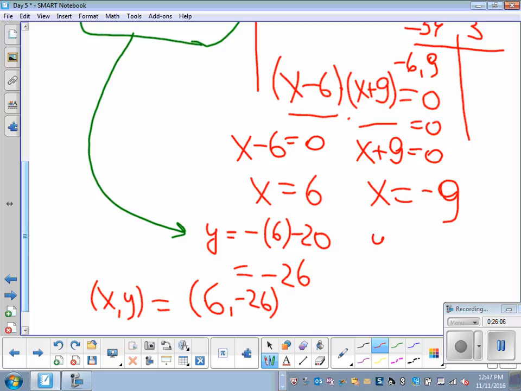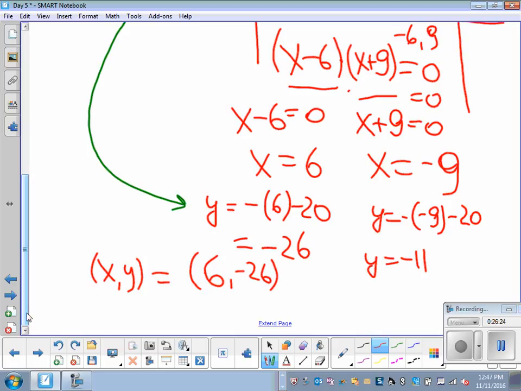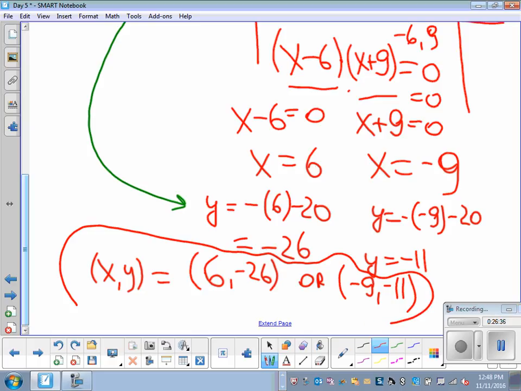So y equals minus negative 9 minus 20, so my y is 9 minus 20, negative 11. So the second solution is negative 9, comma negative 11. So this is my final answer.